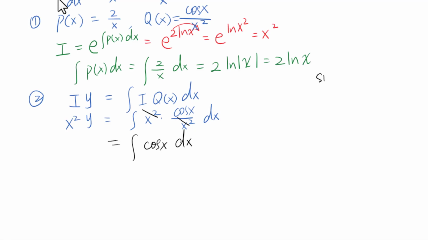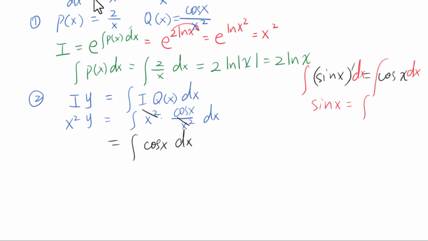We do know the derivative of sine x equals cosine x. Taking the integral of both sides, we get sine x equals the integral of cosine x dx. So we get x squared y equals sine x plus c.